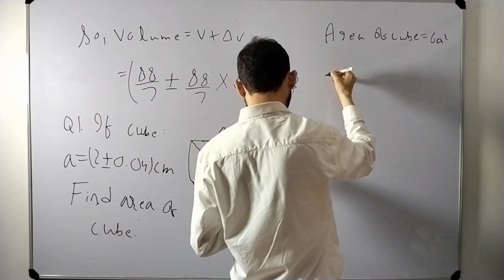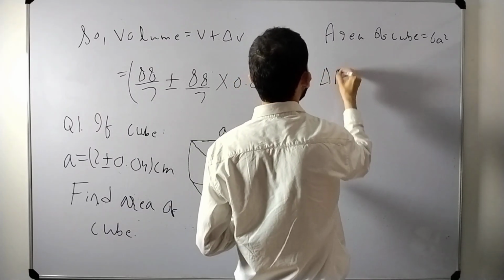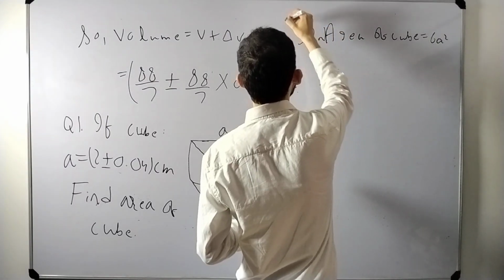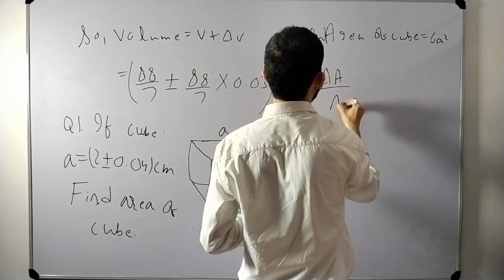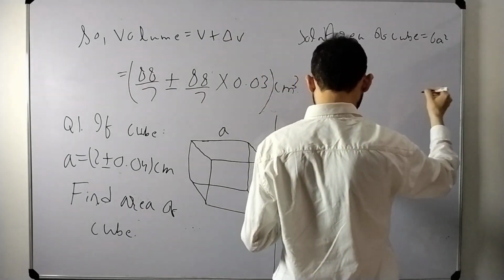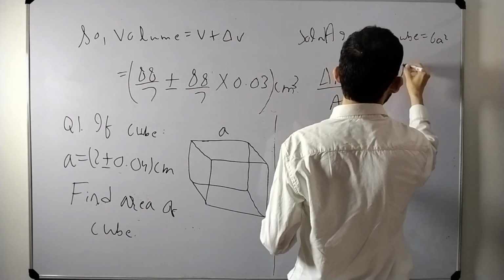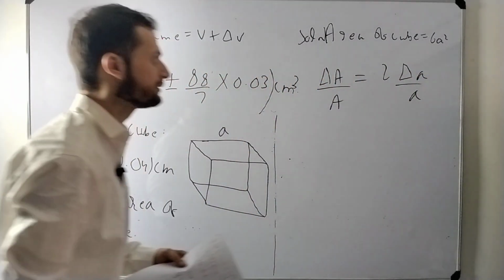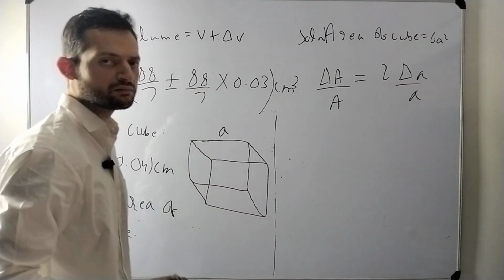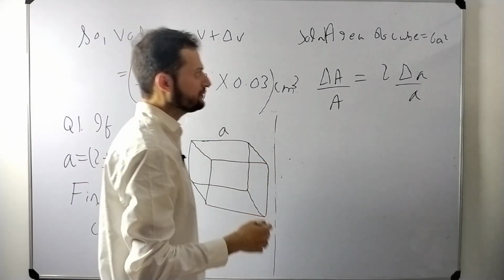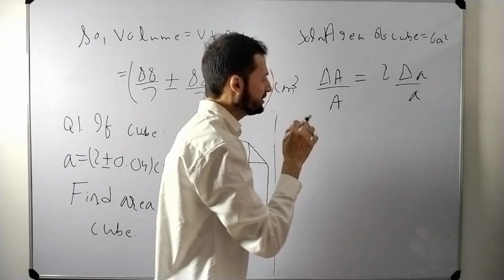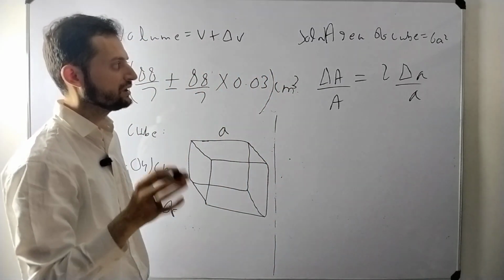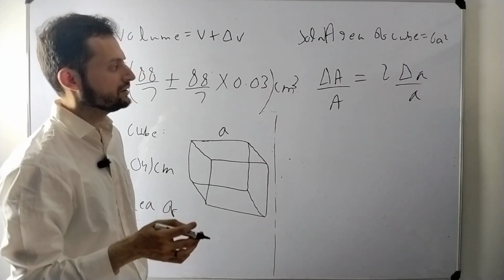And so our formula of del A upon A is what? 2 del A upon A. Right, students? So where did the 6 go? We don't take into account the 6, students, because it is a constant. We don't take into account the constants in the formula.